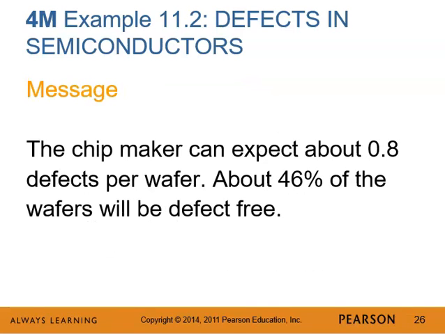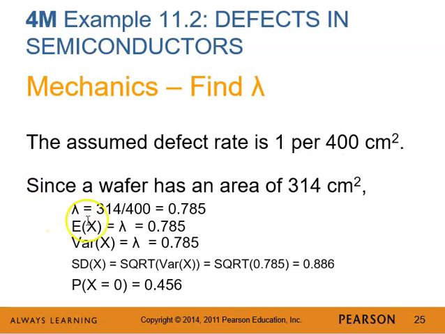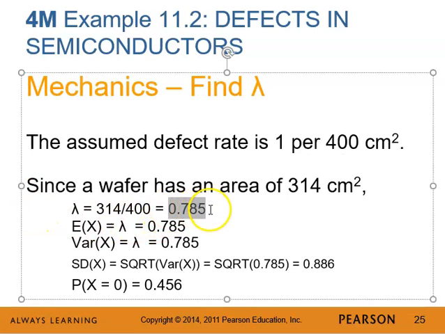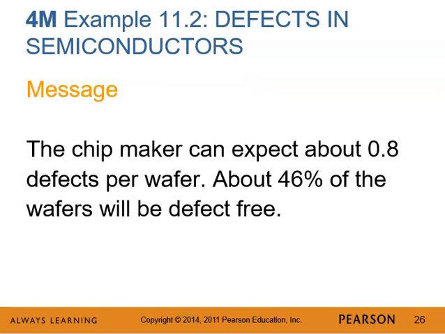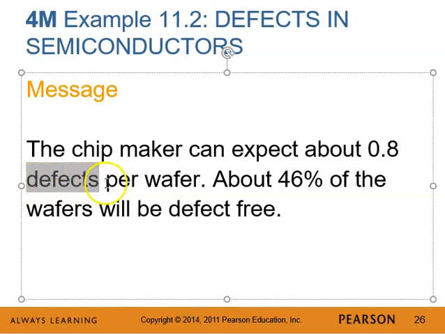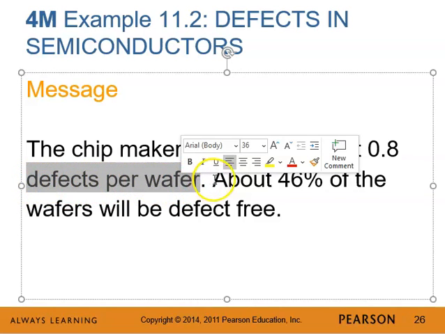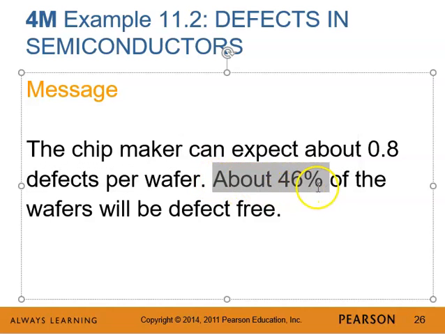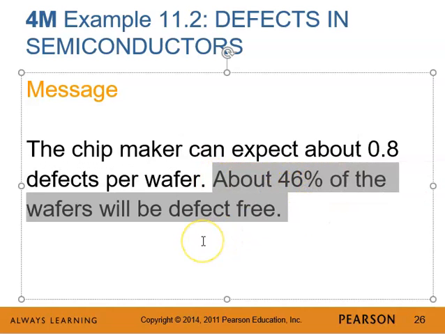So with that answer, we learned that the chip maker can expect about, this is a rounded number of the 0.78 that we calculated earlier, about 0.8 defects or 80% defects per wafer, and about 46% of the wafers will be defect free, or without any defects.